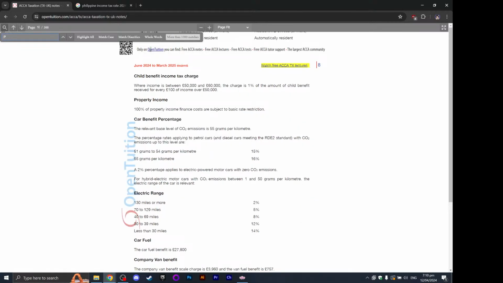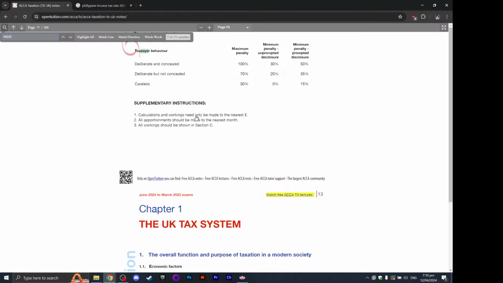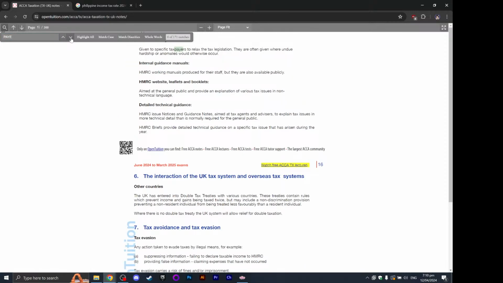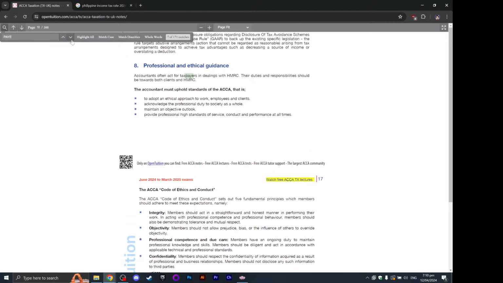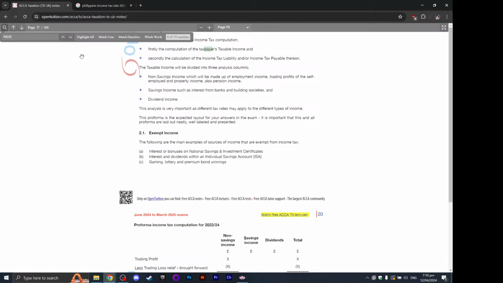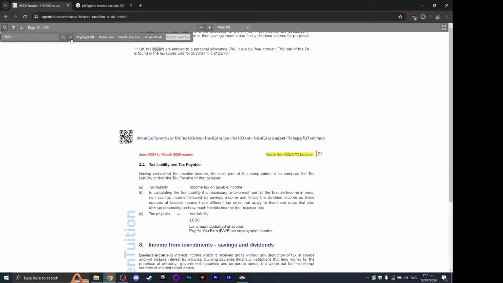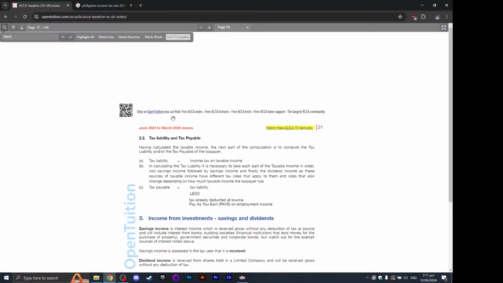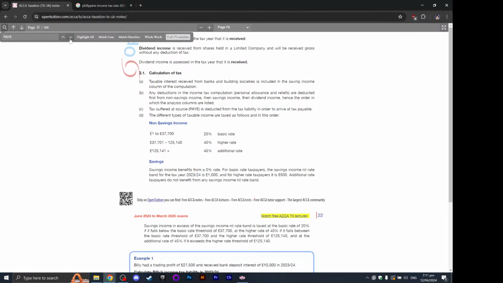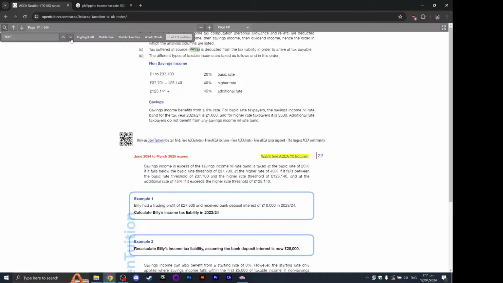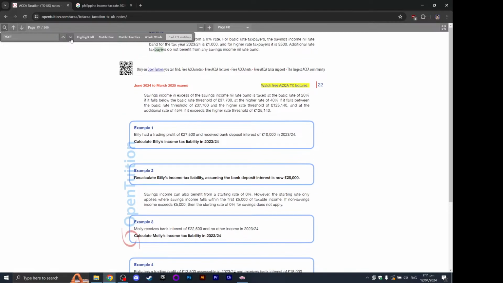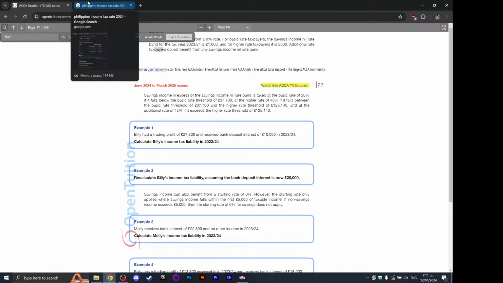Pay as you earn. Okay, what the heck? So yeah, but PAYE, pay as you earn, is the same as the American and Philippine withholding tax.